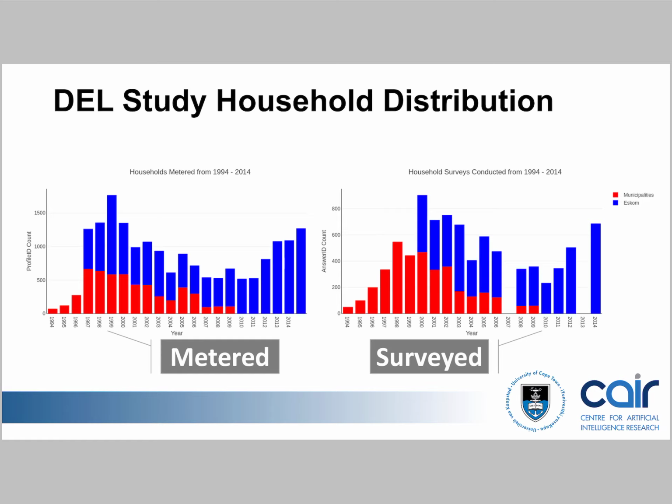The graph also shows that the municipalities, the bars in red, initially contributed a lot, both to metering and survey collection, and Eskom then took over both metering and data collection over the past couple of years.